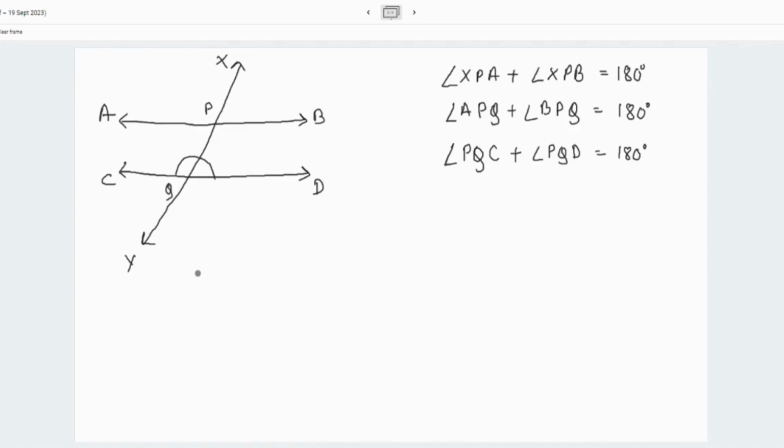They also lie on the same straight line CD. Angle CQY plus angle DQY equals 180 degree. They are also again on the same straight line, 180 degree. Right? So since XY is a straight line, this angle is also 180 degree.